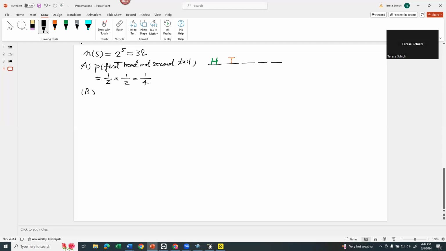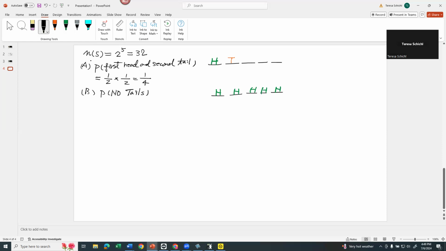Okay, so then part B is here. They said probability no tails. That means for these 5 tosses, I'm going to get a head, a head, a head, a head, a head. That's the only situation, right?